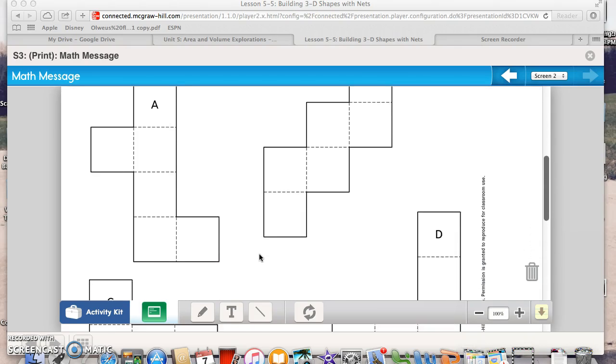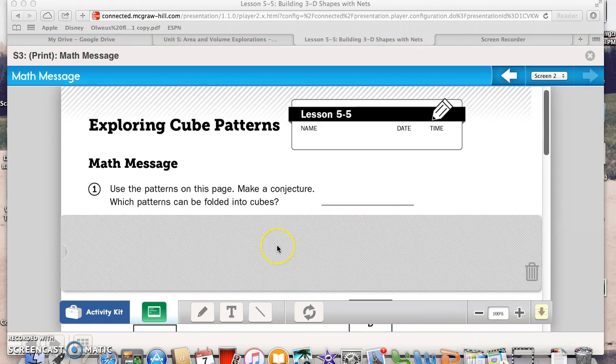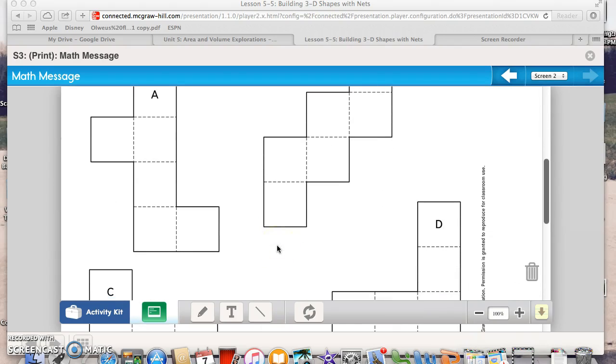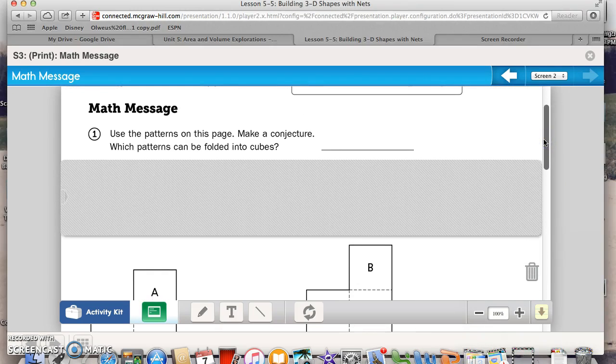A net is a 3-dimensional shape decomposed or broken down into a flat 2-dimensional shape. So just by looking at this page, and you can just list them up here next to number 1, which of these do you think we could form into a cube? Good time to pause for thinking, and I'll be here when you're back.